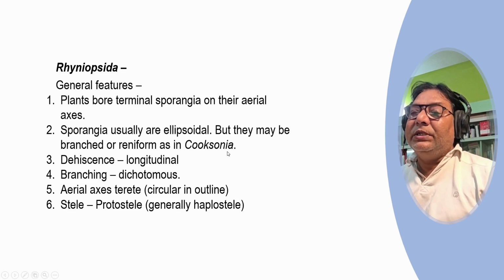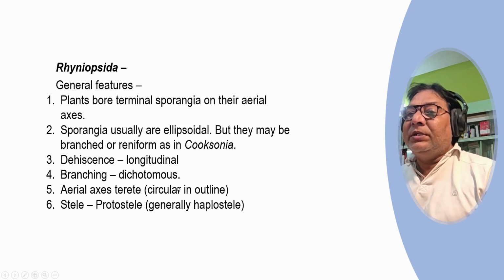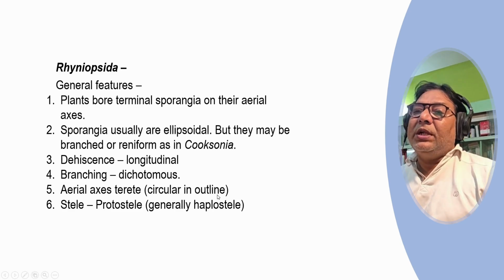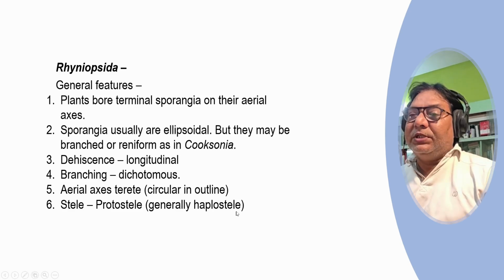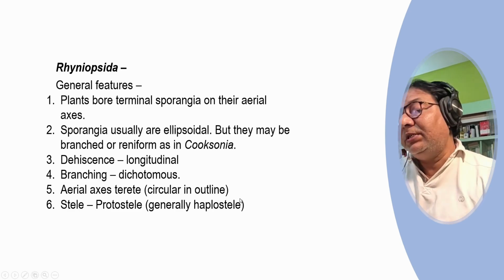In Cooksonia the dehiscence is somewhat transverse. Branching is dichotomous. The aerial axis is terete, meaning circular in outline. Stele is protostelic, generally haplostelic. It is one of the most primitive stelar types, the protostele, and among that, the haplostele is the most primitive one.